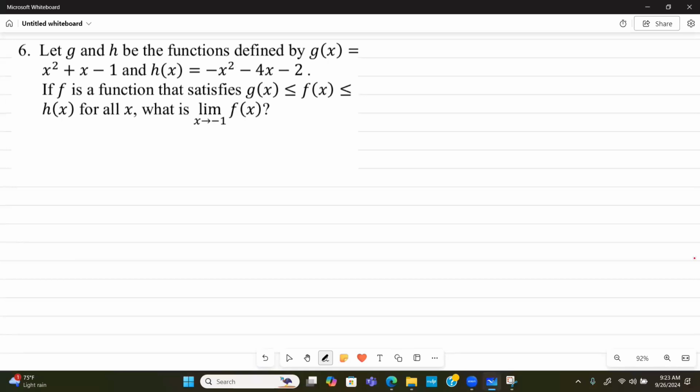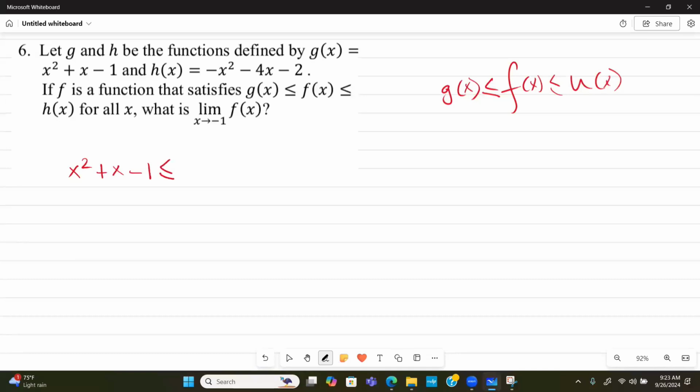All right, so basically, what we're going to do here is to set up our idea like this. So we have F of X is less than or equal to the H of X function, and it is also greater than or equal to the G of X function. So we're going to set up those functions to the right and to the left of F of X. So let us set up the one to the left. So this one is X squared plus X minus 1.